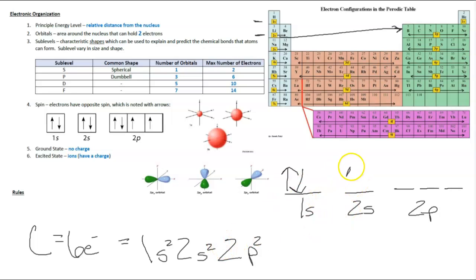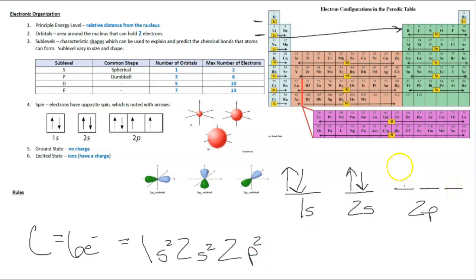For 2s, I have 2 arrows, 1 points up, 1 points down. For the 2p, there's a rule you need to remember. The electrons are going to fill in 1 per blank until they have to pair. They want to have the most unpaired electrons, so they don't partner up until all the blanks are full.